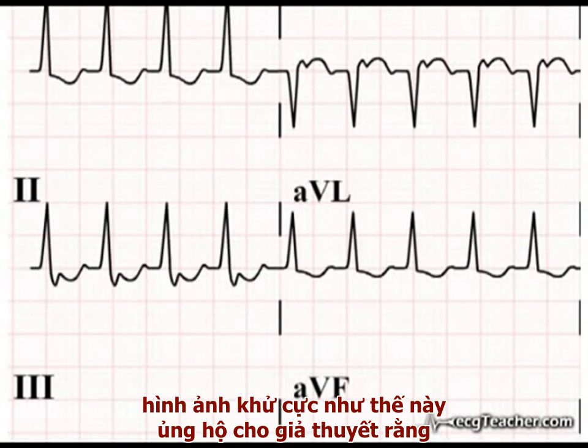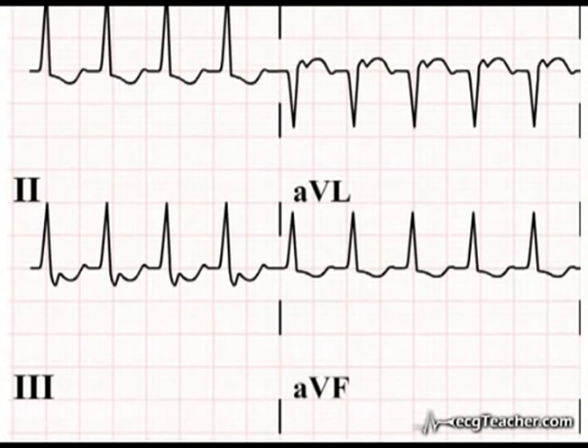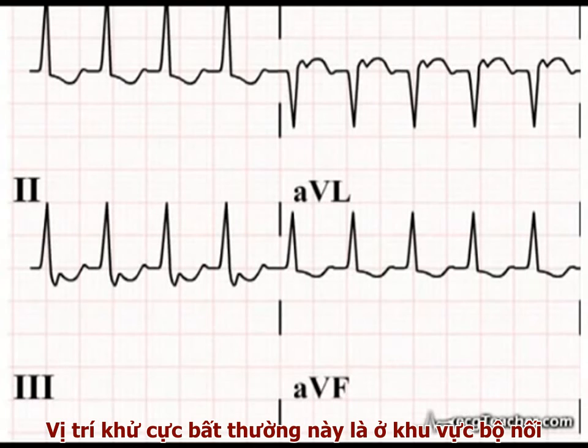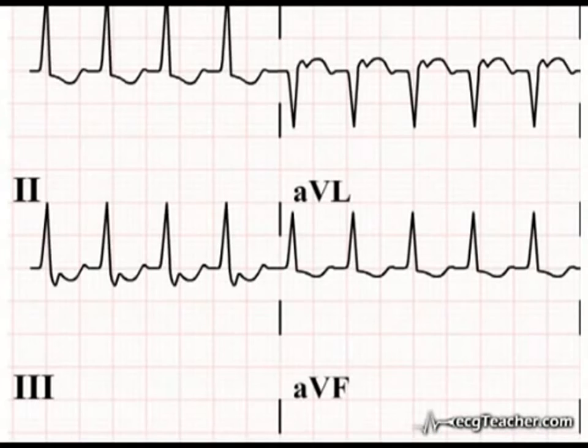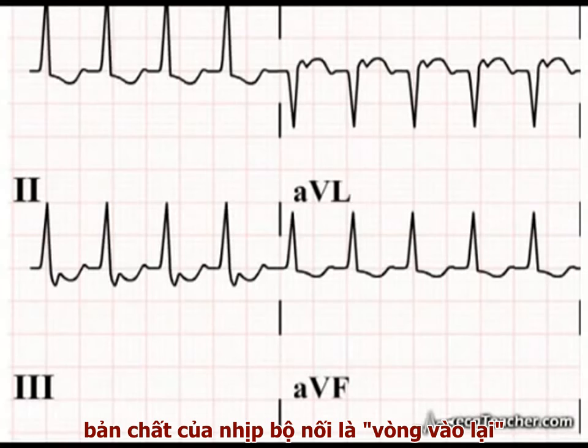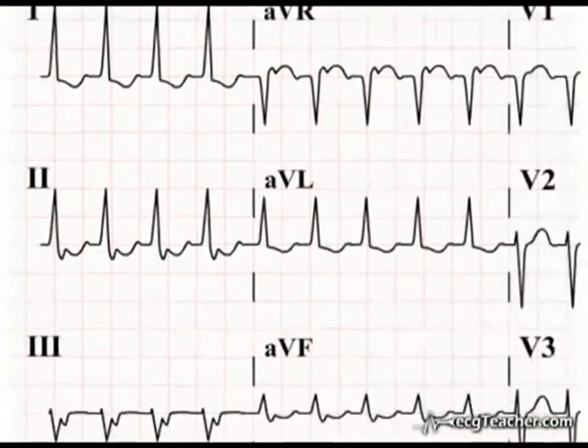As we've seen, this pattern of atrial depolarization supports the contention that the abnormal depolarization focus is junctional in location. At a heart rate greater than 140 beats per minute, the nature of the depolarizing focus within the junctional region is reentrant.